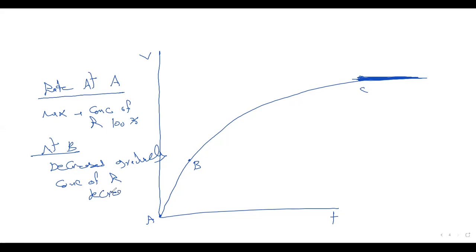How come it decreases as it moves forward? What moves forward is the volume with time, not the rate. But the rate decreases as the concentration of the reactant decreases. At C, rate equals 0, minimum. Why? All reactants are used up.